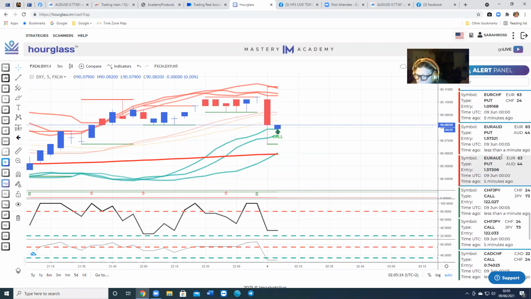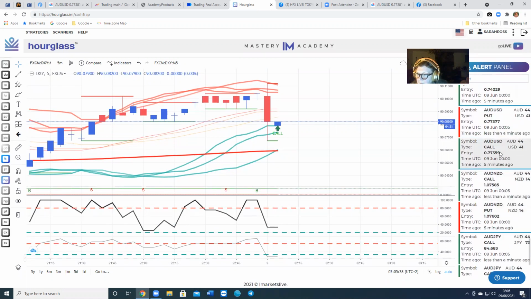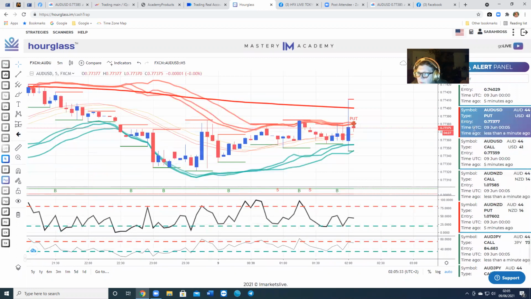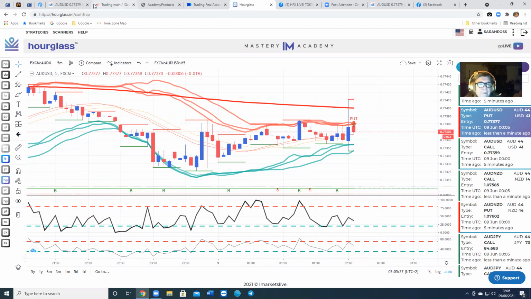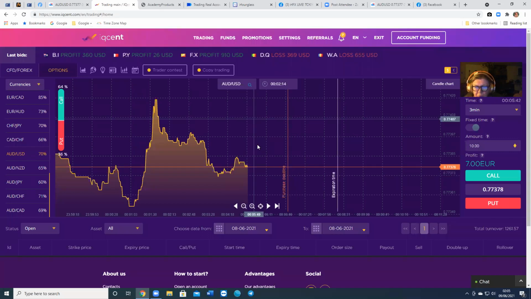So it was a put at 377. We've got Australian dollar 44 to US dollar 41 on there. 377, 378 on the broker.